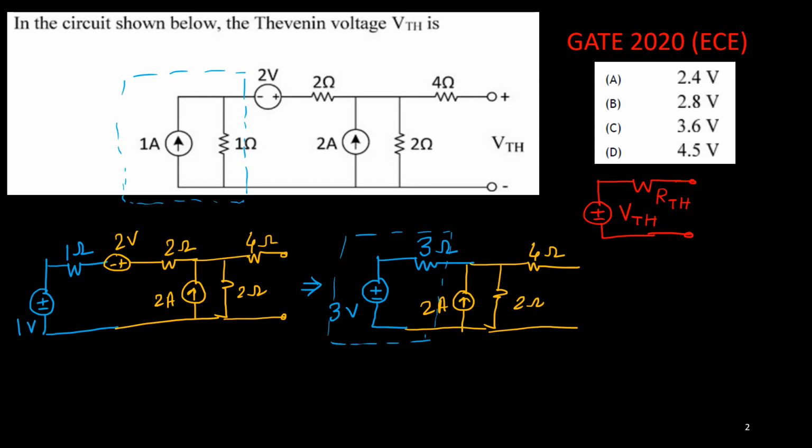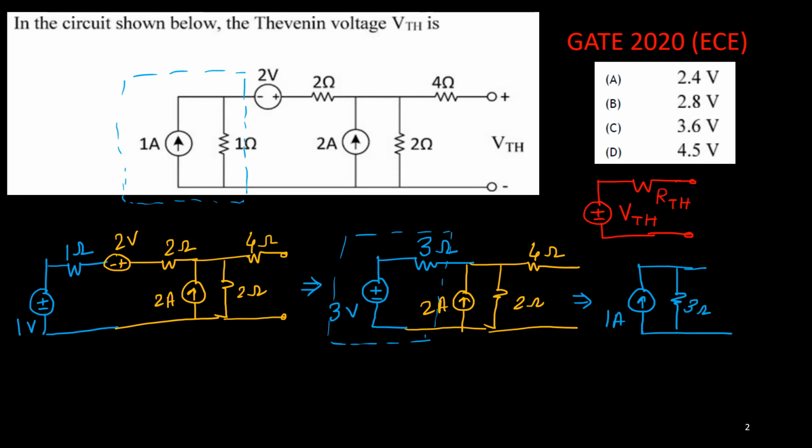This voltage source and series resistance, we can convert to a current source and parallel resistance. So this value will be 3 by 3, that is the current value. Voltage by resistance, so that is your 1 ampere, and this 3 ohm will come here, right?